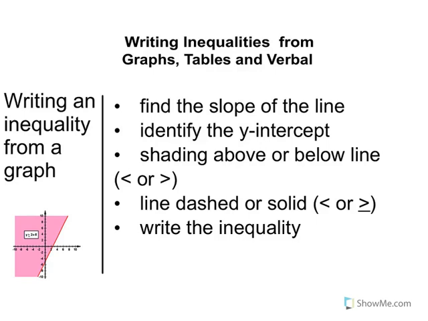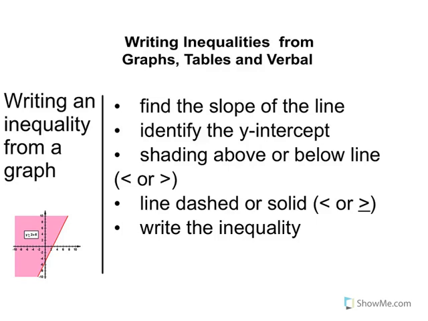When we're writing a linear inequality from a graph, you're going to need to find the slope of the line first, and you'll need to identify another point on the line or the y-intercept, whichever is easiest to spot. And then you'll need to look at where the shading is. If the shading is above, then you would use a greater than symbol. If the shading is below, then you would use a less than symbol.